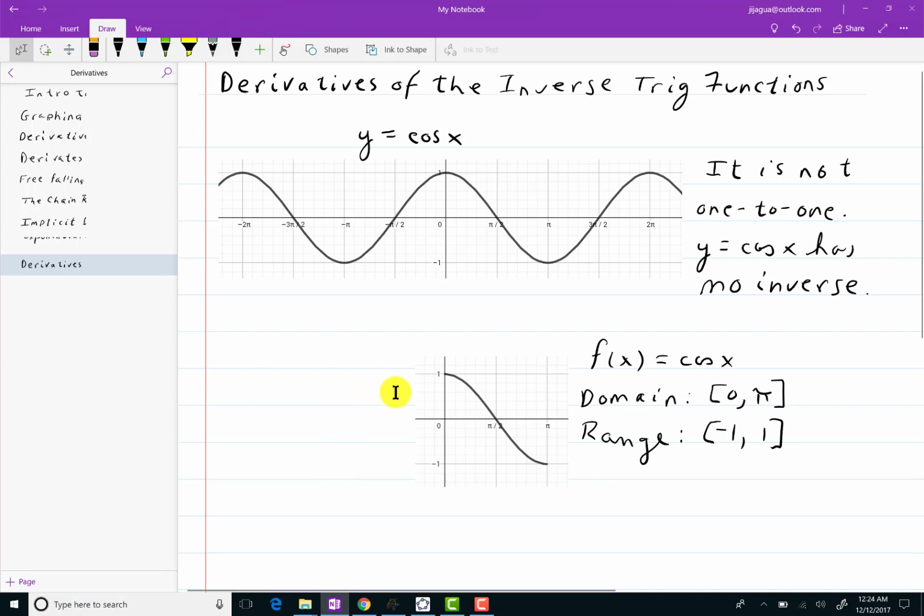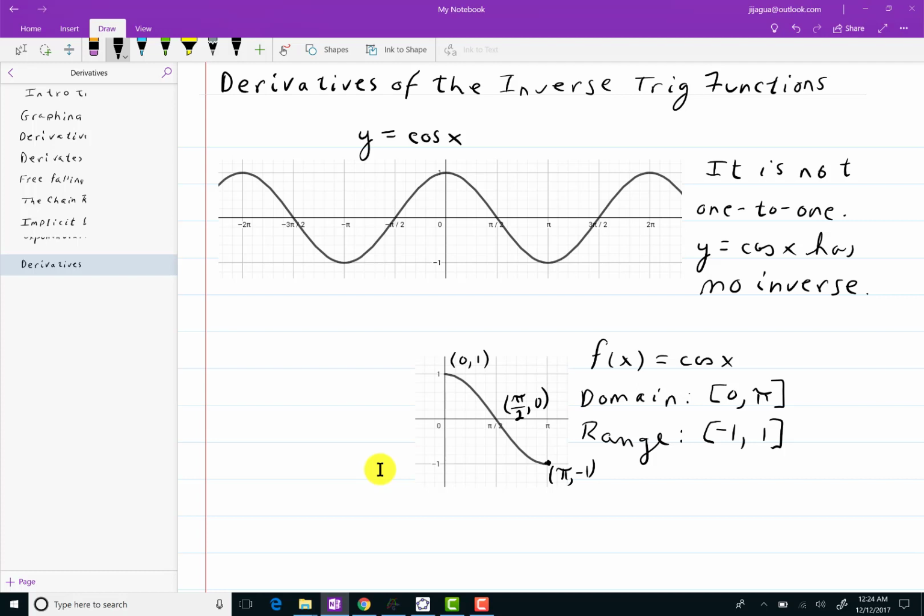And then I'm going to put some points on here so that that's 0, 1. I think, what is this one here? That's pi over 2, 0. And you can see them on here, but I'm putting them here because I'm going to make specific use of these in a minute. And then we have pi, comma, -1.